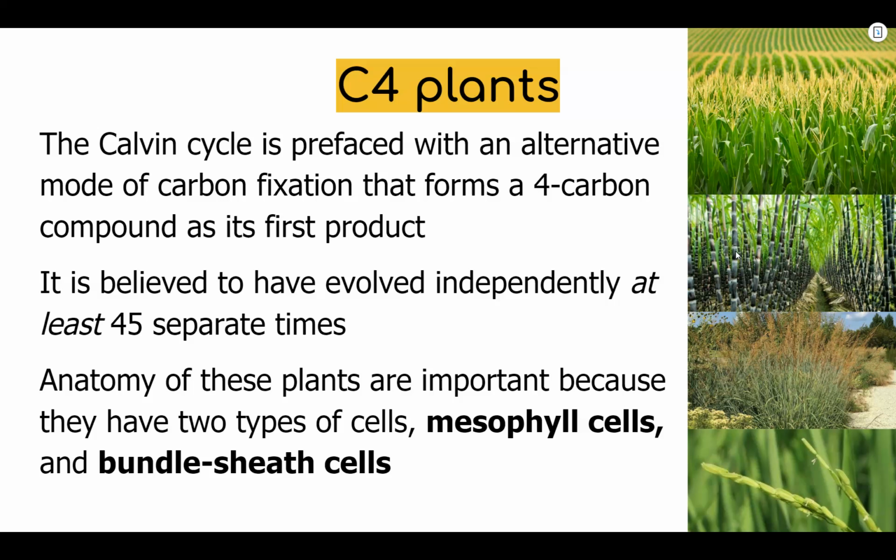So in C4 plants, we have a 4-carbon compound, whereas our C3 was our 3GP. This process of carbon fixation that starts with a 4-carbon compound that is then fed into the Calvin cycle is believed to have evolved independently at least 45 times.